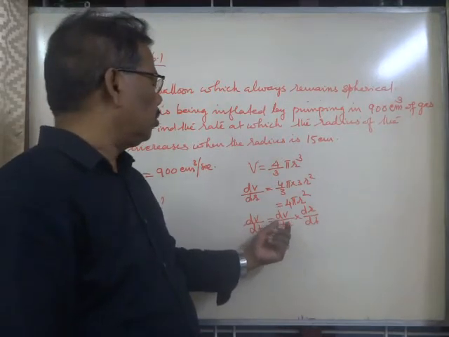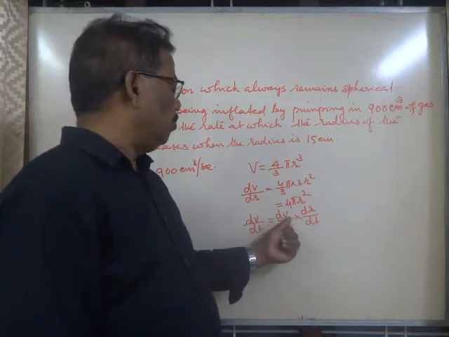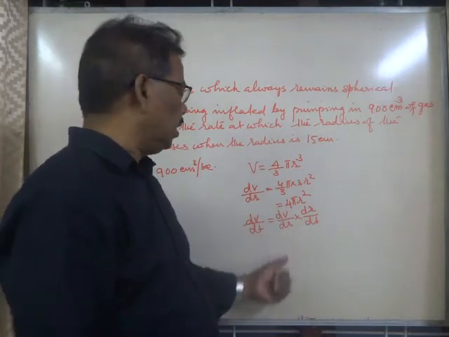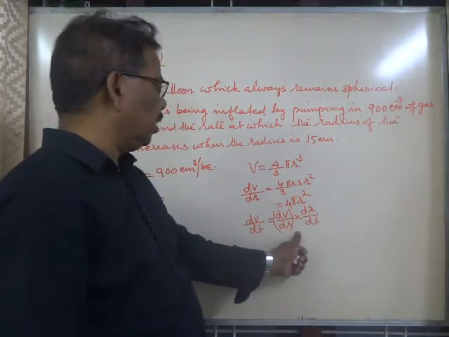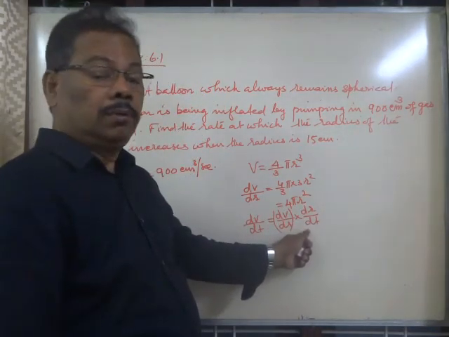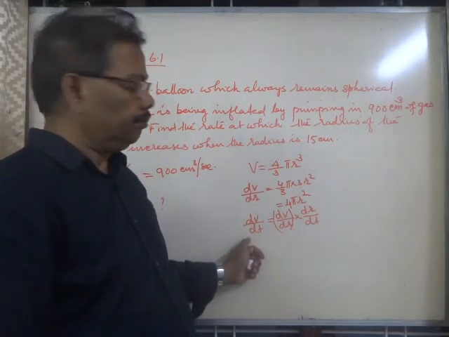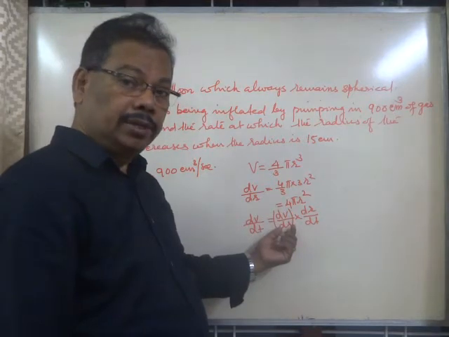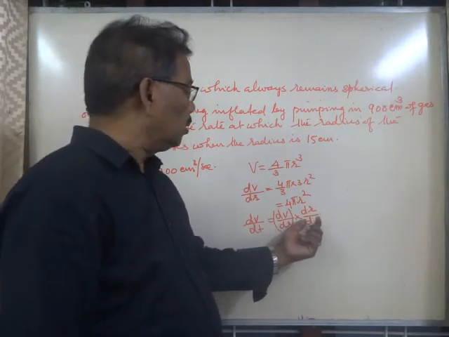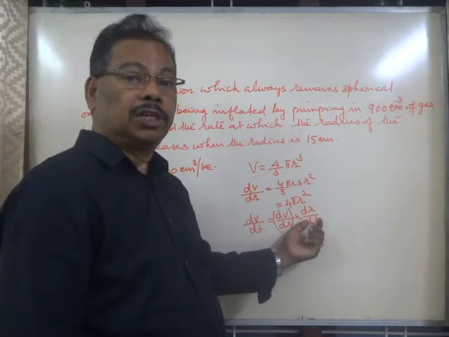So we can find out what is the derivative of volume with respect to radius, that is dV by dr. When it is multiplied by the rate of change of radius with respect to time, we get rate of change of volume with respect to time. Here it is rate of change of volume with respect to radius, and it is multiplied by rate of change of radius with respect to time.